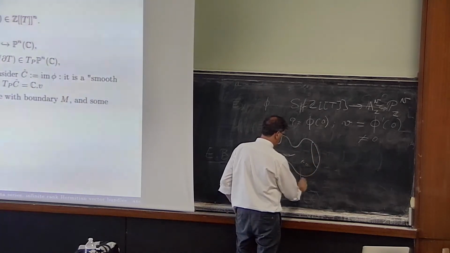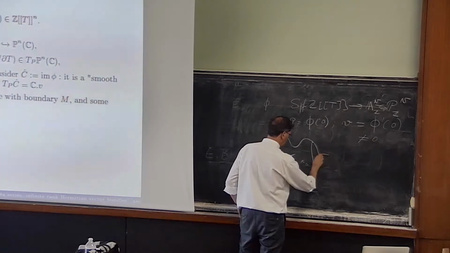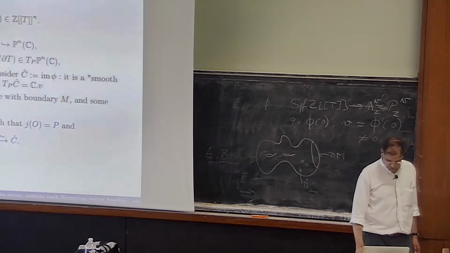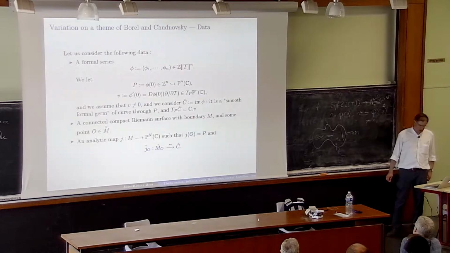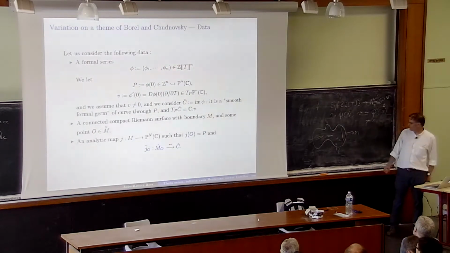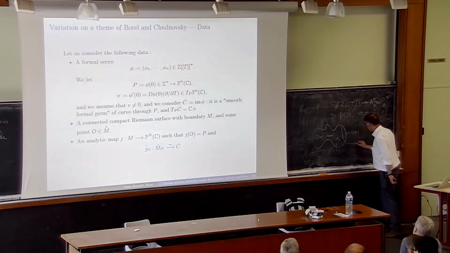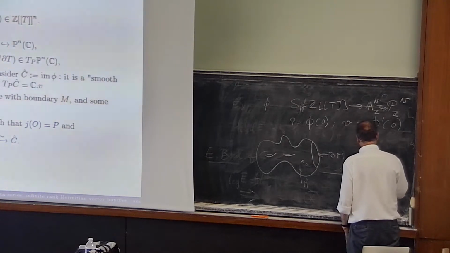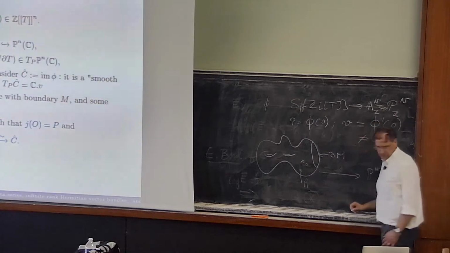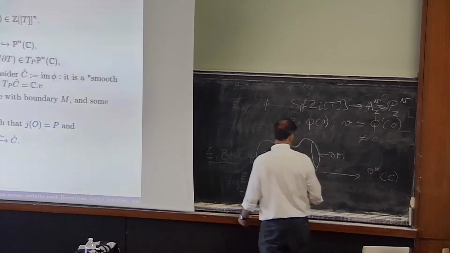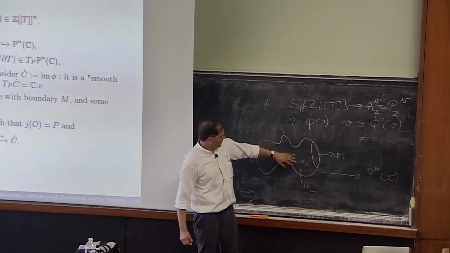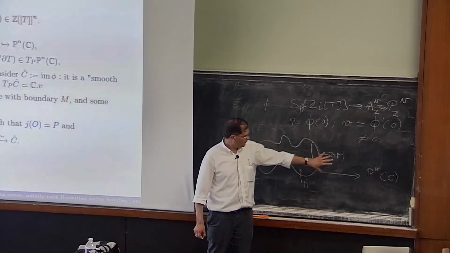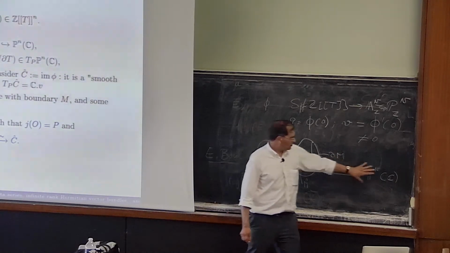You have M. This is inside M, and this is the boundary of M. And now I also assume that I am given an analytic map, J, from this compact Riemann surface to the projective space over C. And you want that its derivative at 0 is not 0, so it will define a smooth germ of analytic curve into P^n(C).